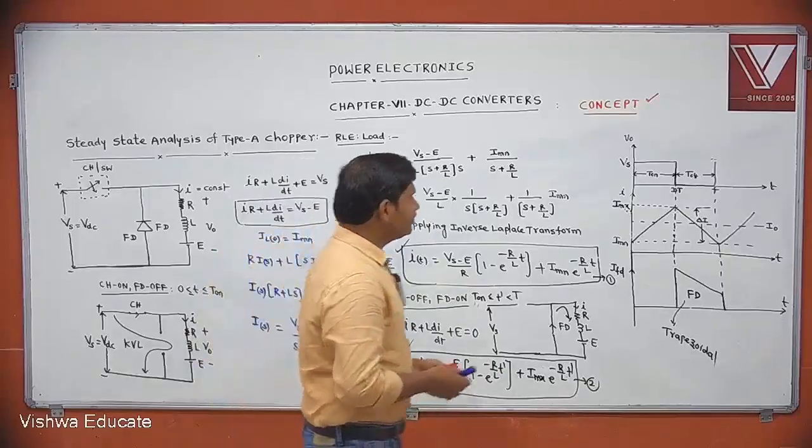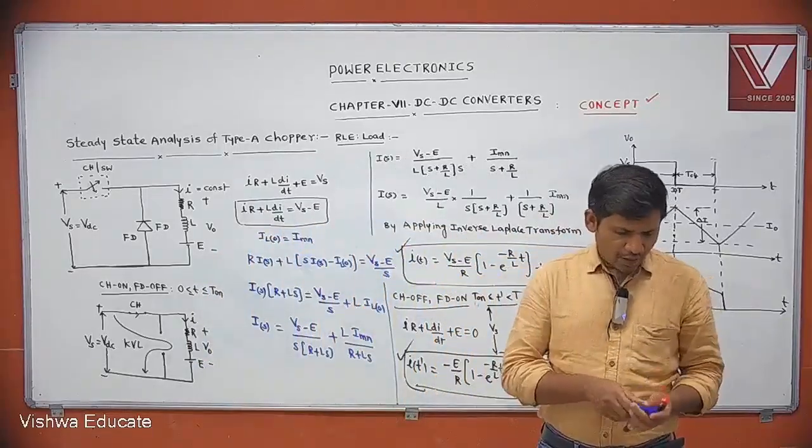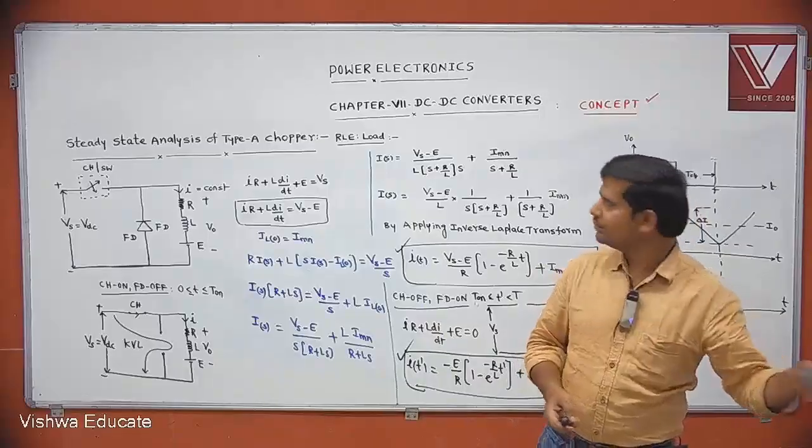At t equal to t on, the current reaches the maximum value.